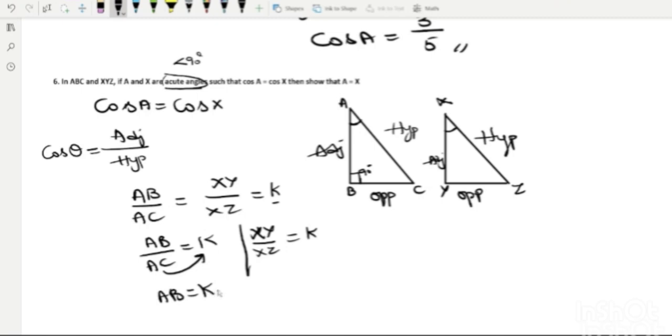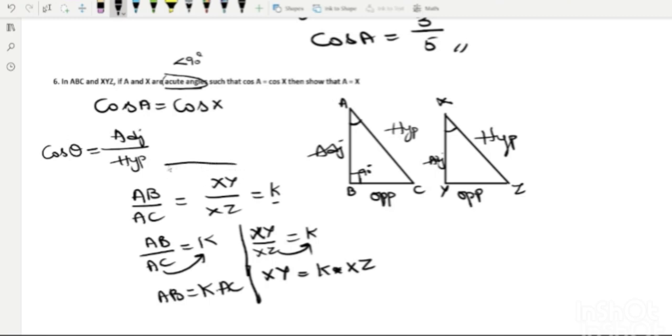So this becomes K into AC. And for XY, if XZ is shifted here, it becomes K into XZ. So AB equals K into AC and XY equals K into XZ.